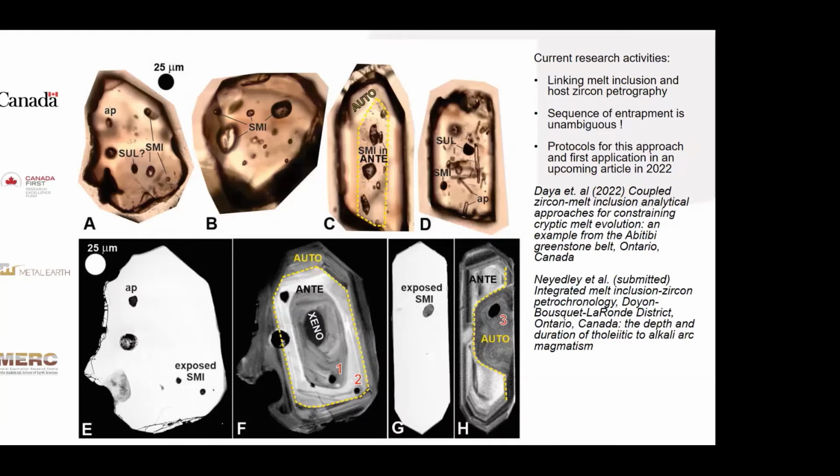For example, things like metamorphism and alteration are going to modify the metal contents of those rocks. And so we really have to look at melts as the source for this information, melt inclusion specifically.